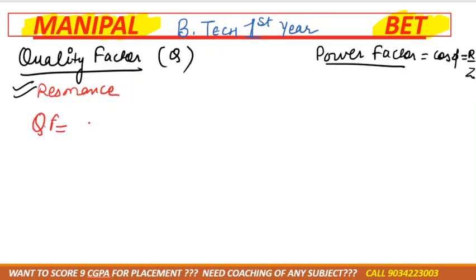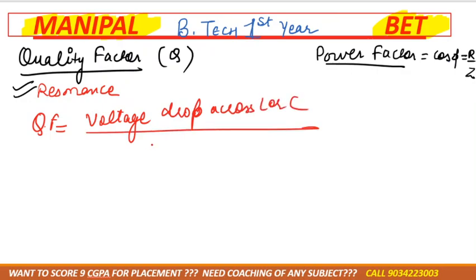Quality factor is the voltage drop across L or C divided by the applied voltage.